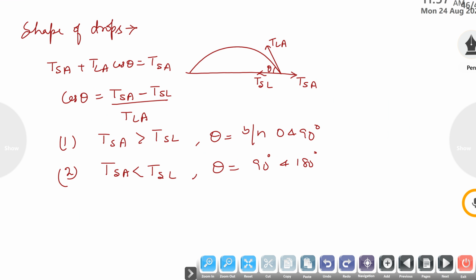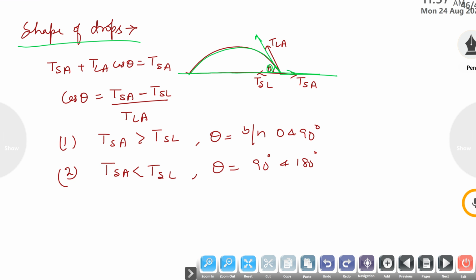Now, next is the shape of the drop, meaning what is the shape of a drop for different types of liquid, the liquid which wets the surface or which does not wet the surface. Suppose this is a drop and this is the surface. Now, the angle of contact is nothing but the tangent inside the liquid from the surface.